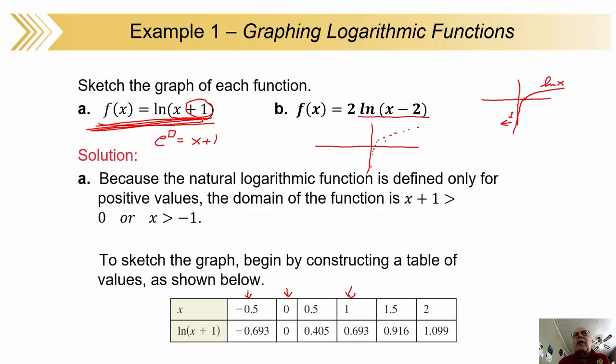A minus 2 in there means move that to the right by 2. And then this means that all the points you had originally are twice the original value. So that'll stretch it.